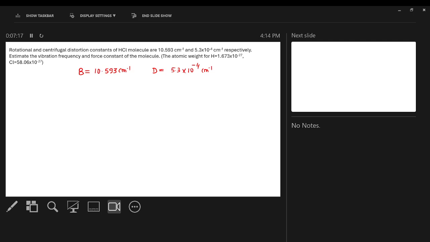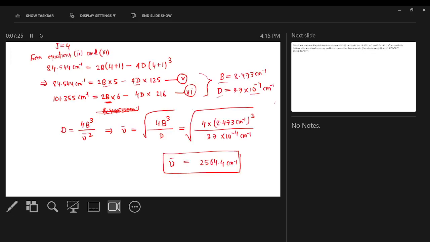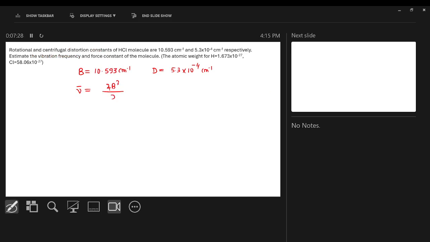Now the question is asking to calculate nu bar, so we can calculate 2b cube, or it's 4b, I think. It's 4b cube by D. So B is given, D is given, so it can be calculated easily, right? Now the second question is the force constant. So force constant is 4 pi square c square mu r square.